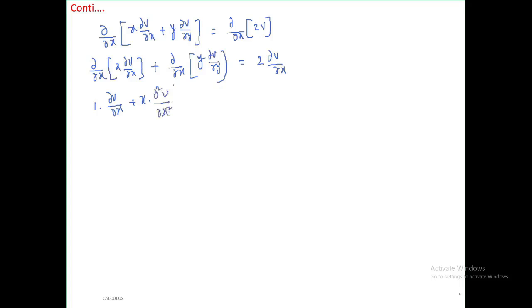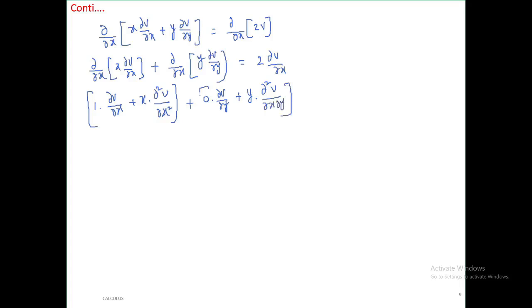The first term's method is over. Plus the second one: with respect to x, ∂/∂x of y is 0, so 0 into ∂v/∂y, plus y as it is, what will we get? ∂²v/∂x∂y.